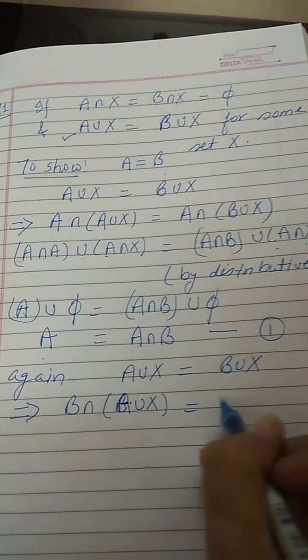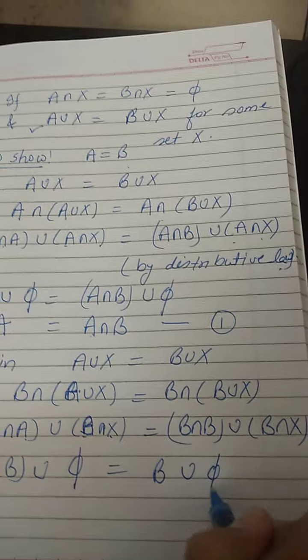So B intersection A means A intersection B only, because intersection is commutative. We can write it as union. What is B intersection X? B intersection X is phi. So here we will write phi. B intersection B will remain B only. Union B intersection X is phi.